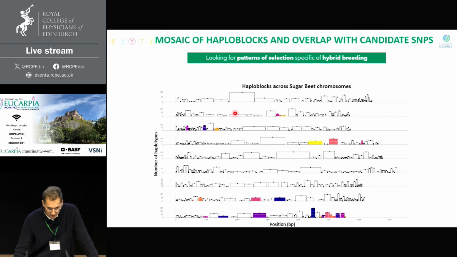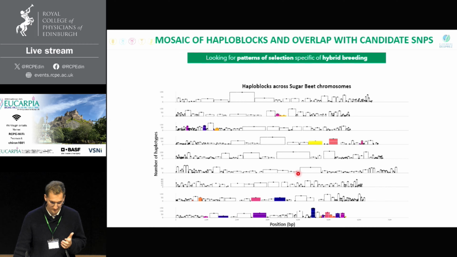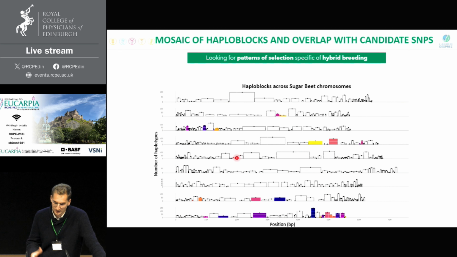And here, you are looking at patterns of selection. These colored blocks are linkage disequilibrium blocks across all 9 chromosomes, so haploblocks. And the y-axis is the number of haplotypes, so kind of a diversity index of the block. The colored blocks are the ones that carry selective sweeps.